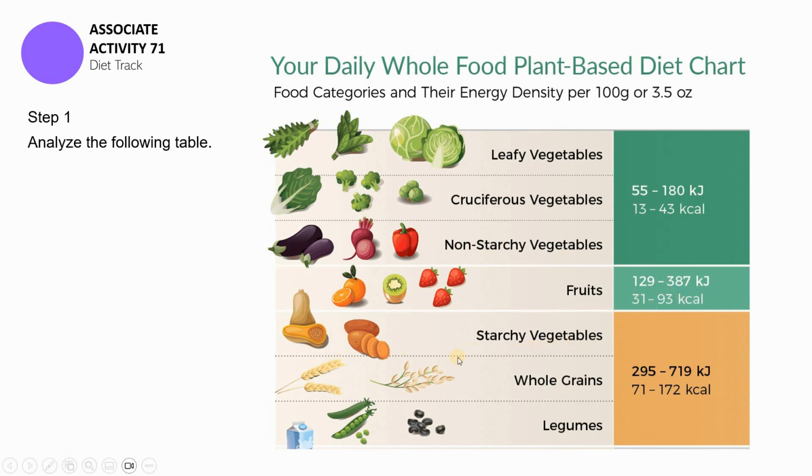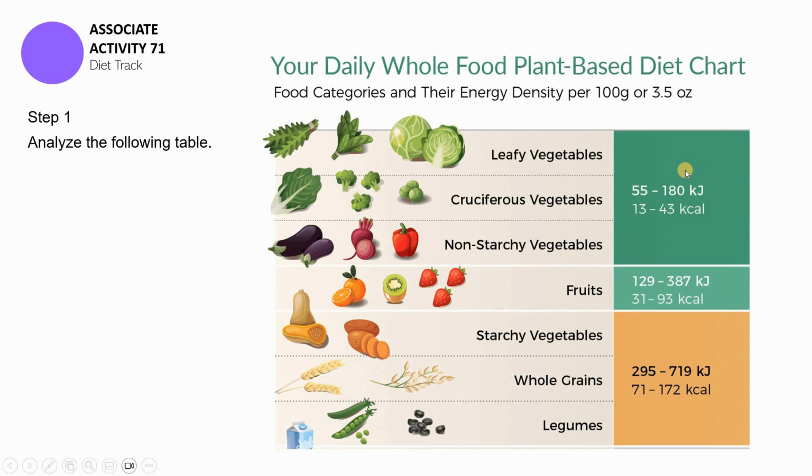Starchy vegetables, whole grains, as well as legumes over here, not including the milk over there, have 295 to 719 kilojoules, and they are around 71 to 172 kilocalories. All of these are based on 100 grams of them, or around 3.5 ounces.